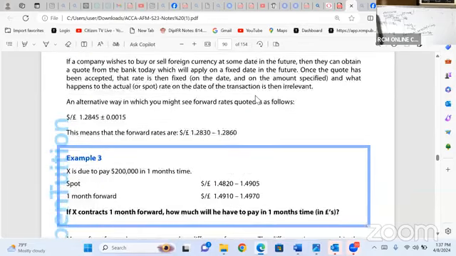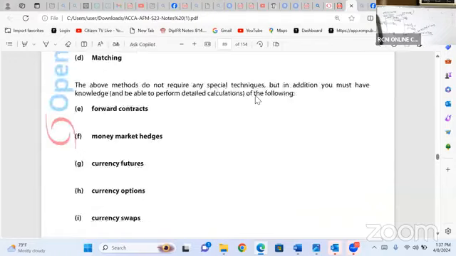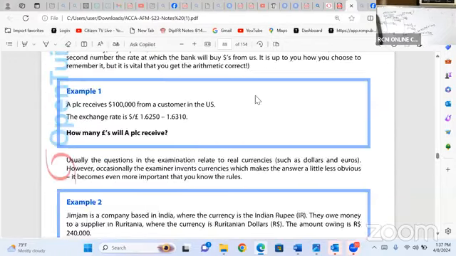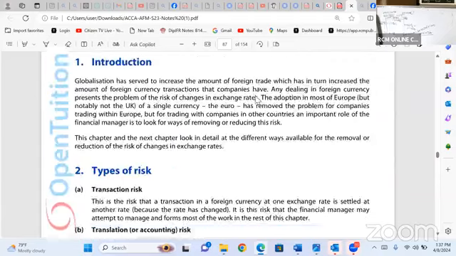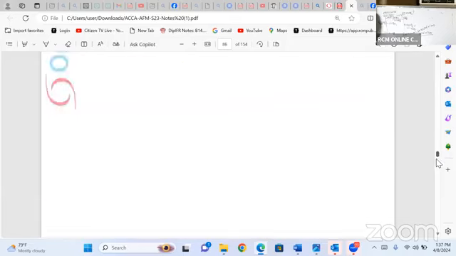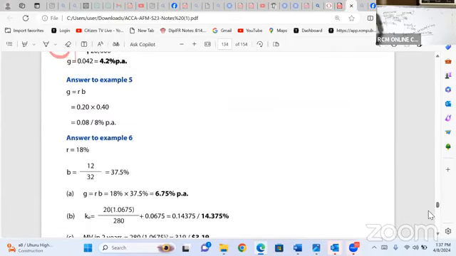At times you get students who like that method. I don't like it myself. I hate this method now. But at the end of the day, you will end up getting the same answer. So this chapter 18, this is how you check the answers. The answers are given down here, chapter-wise.